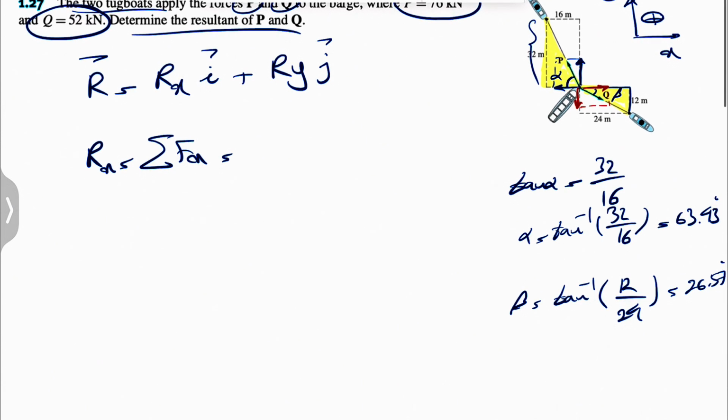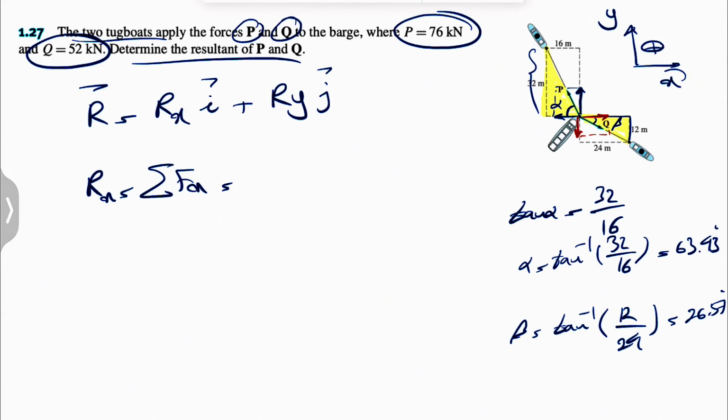We can see the x component of P is to the left, so it's acting along the negative x-axis, so negative. We know P is 76 cosine of alpha, or 63.43, and we have the x component of Q, which is to the right, so it is positive. Q is 52 cosine of beta, which was 26.57.